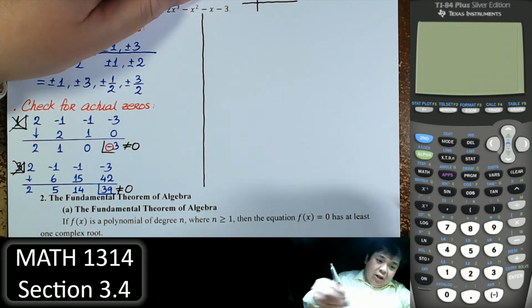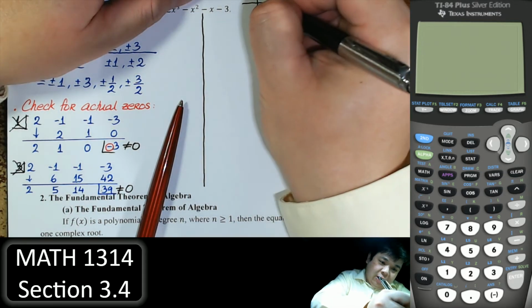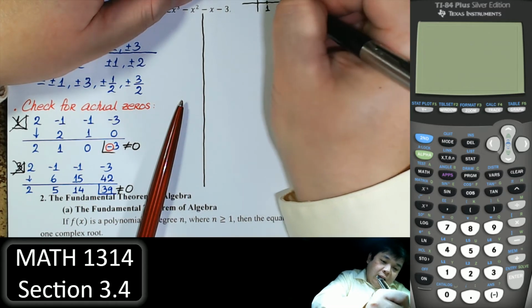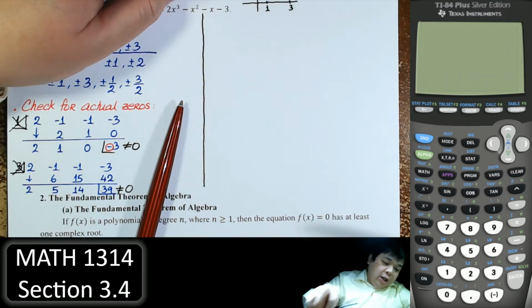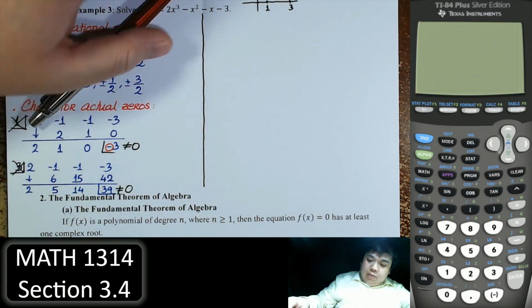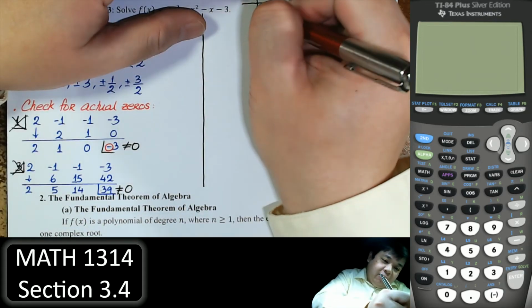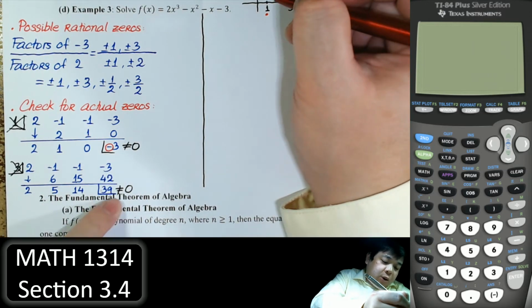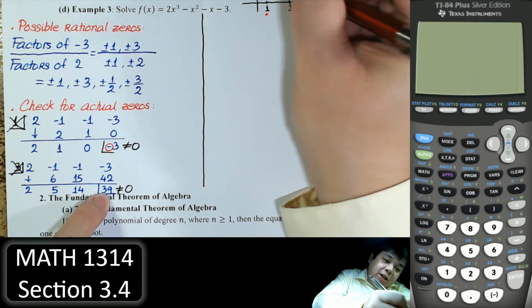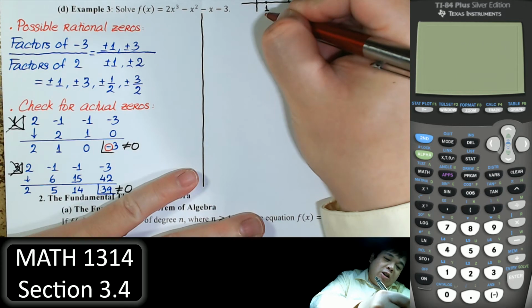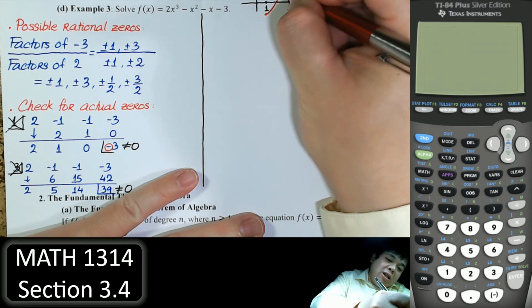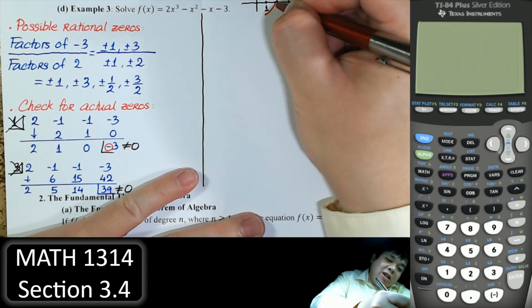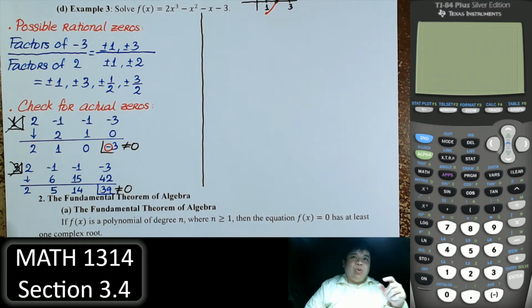We have x equal to 1 and x equal to 3. When x equals 1, the polynomial is negative 3. When x equals 3, it is 39, it's positive. So the polynomial function, the graph, is continuous, so it has to cross somewhere in between 1 and 3.